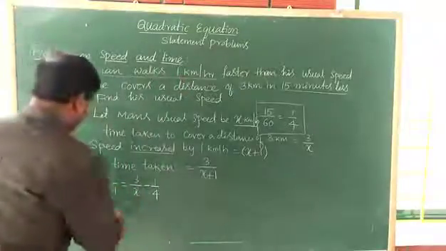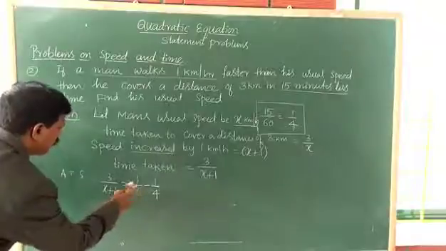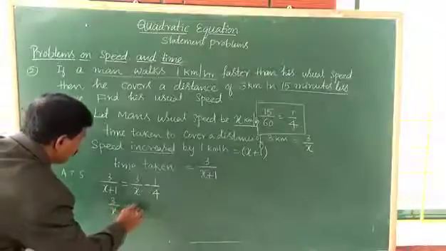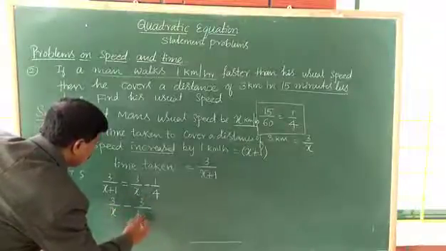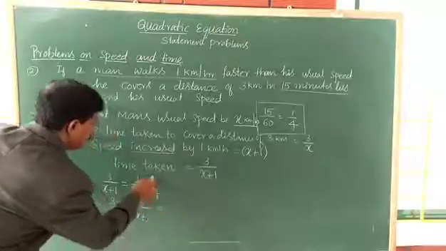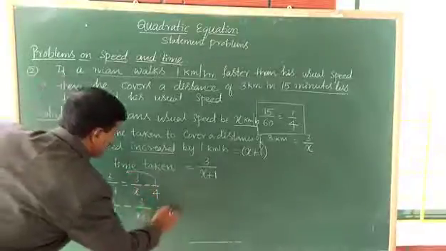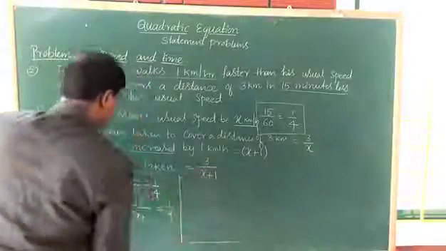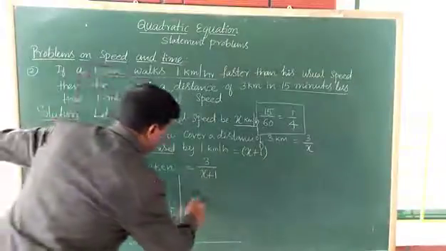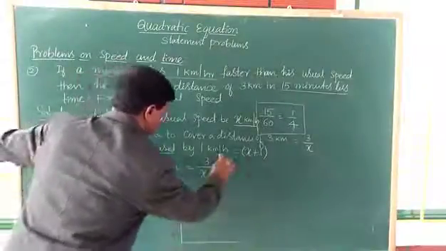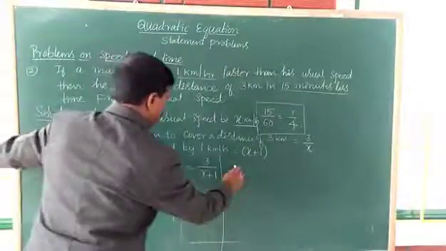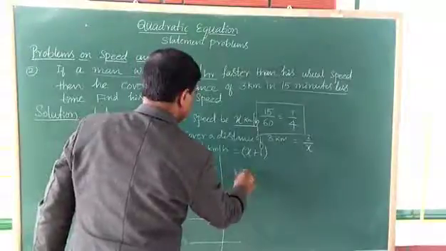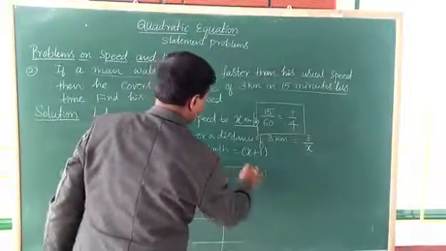Okay, now shift this one to that side. So it becomes 3 by x minus 3 by x plus 1 is equal to, this minus 1 by 4 shifted to that side, it becomes 1 by 4. Now taking LCM, writing here x into x plus 1.